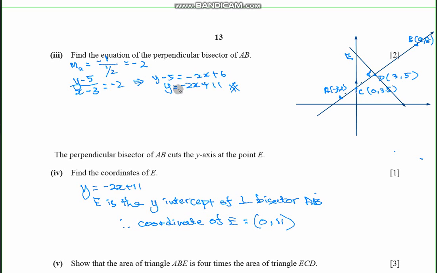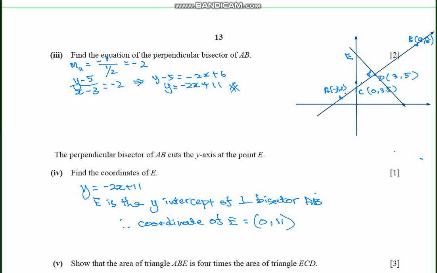Now, the perpendicular bisector of AB cuts the y-axis at point E. Basically, it's talking about the y-intercept of the perpendicular bisector. So y equals minus 2x plus 11. 11 is the y-intercept. Therefore the coordinate of E is 0 and 11.